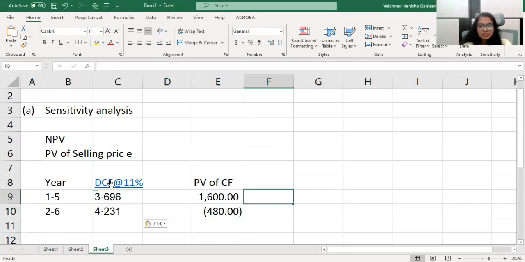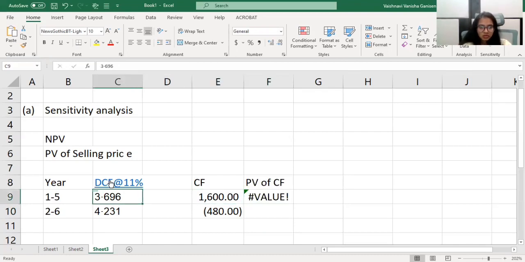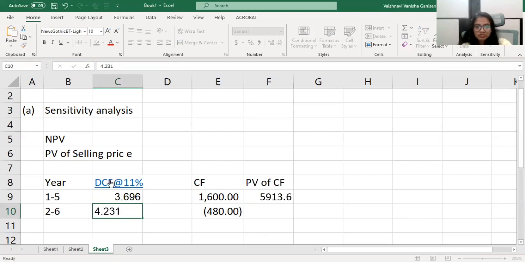Okay, so my present value of cash flow. So maybe I write here cash flow because PV of cash flow is different. Okay, PV of cash flow is equals to this multiplied this. Oh, guys, because I didn't write down the figure, 3.696, 4.231.